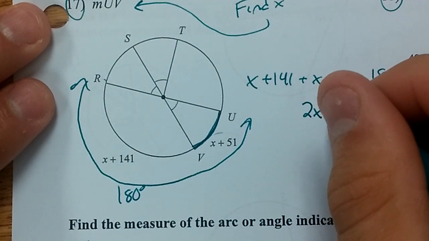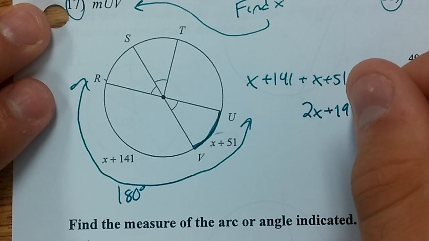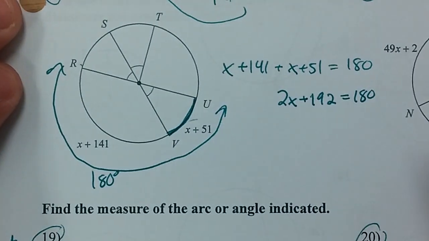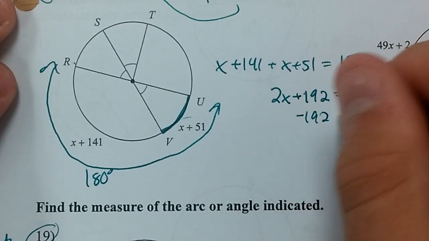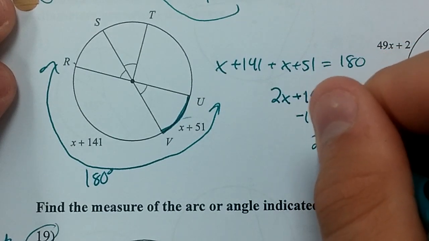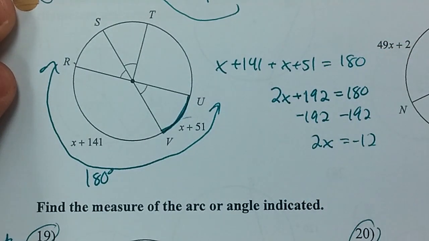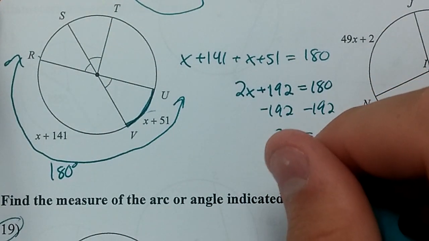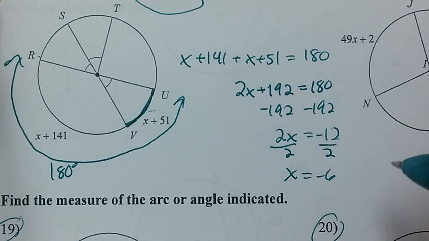Making it 2x plus 192 equals 180. Solving a two-step equation, you get 2x is negative 12. Dividing by 2, x is negative 6.